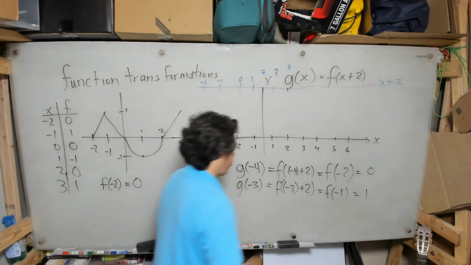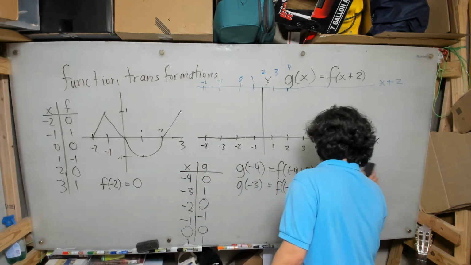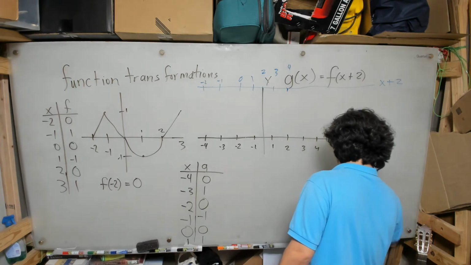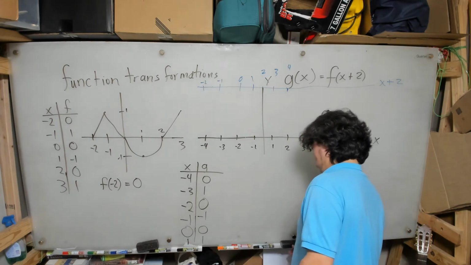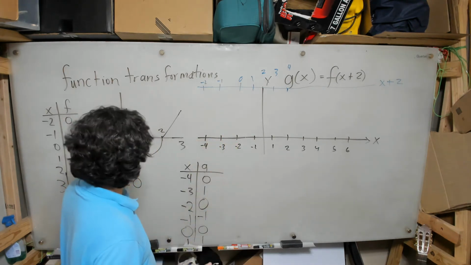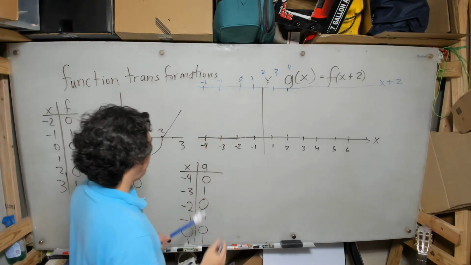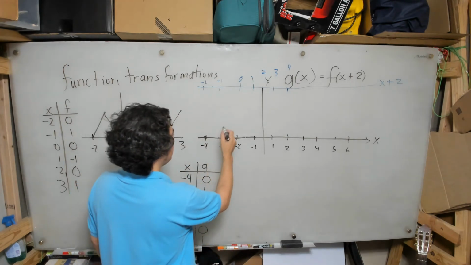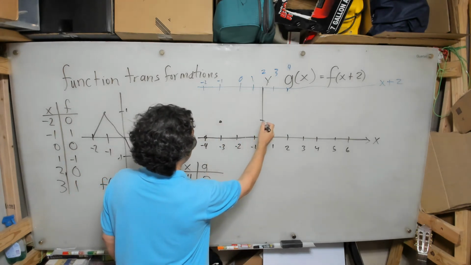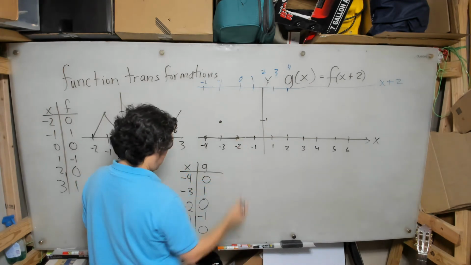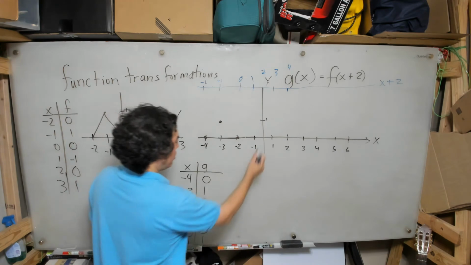I'm just going to stop right there. And now I'm going to draw the graph so that we can see the new graph. So I'm going to draw my graph g in black. I know that at negative 4 it's 0. At negative 3 it's 1. At negative 2 it's 0. At negative 1 it's negative 1.